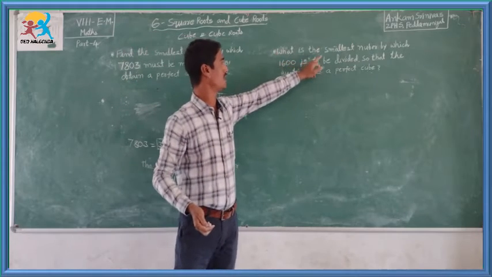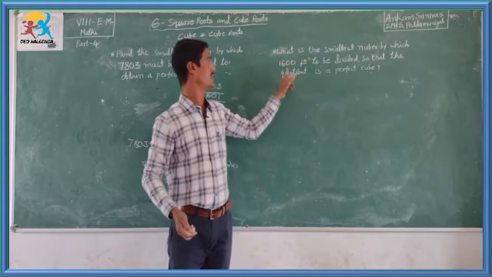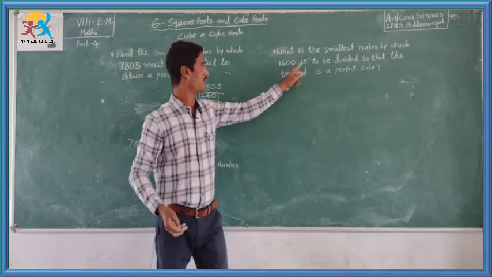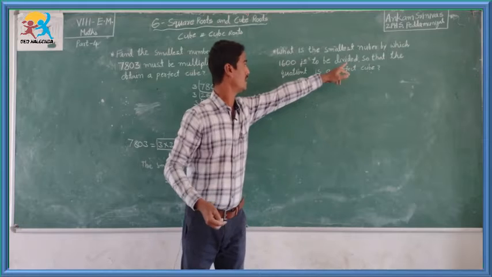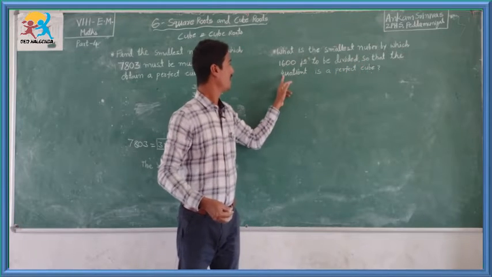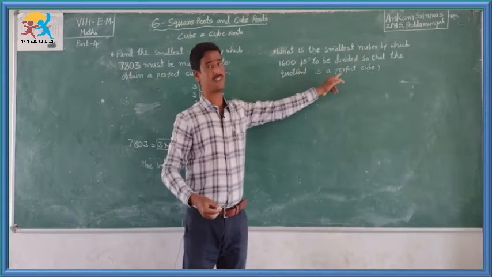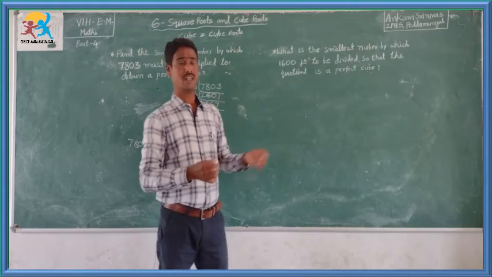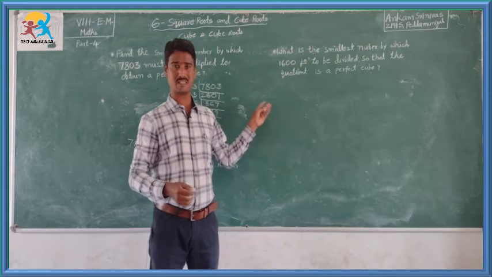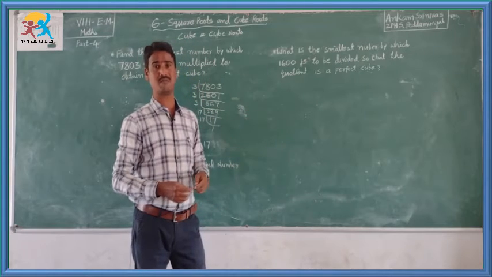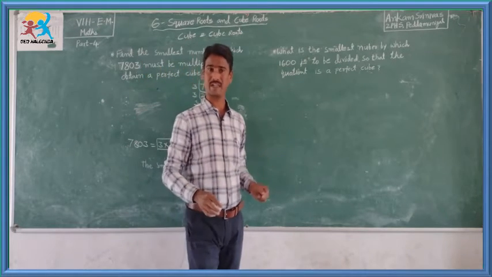What is the smallest number by which 1600 is to be divided so that the quotient is a perfect cube? So what should be multiplied, what should be divided by? If you are asking for the quotient to become a perfect cube, first you have to find the prime factorization.